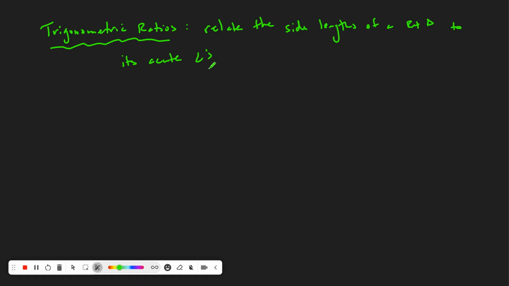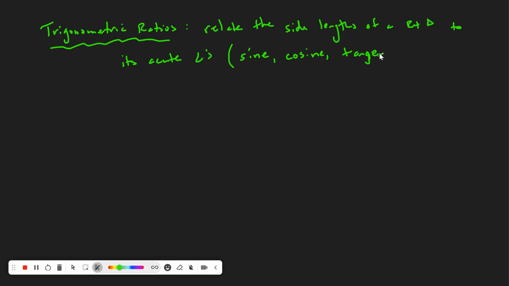This is the one idea in geometry that relates angles and side lengths in right triangles. There are three typical trig ratios that we're going to talk about. I did not make these up; they were made up by someone a long time ago. Those three are sine, cosine, and tangent.